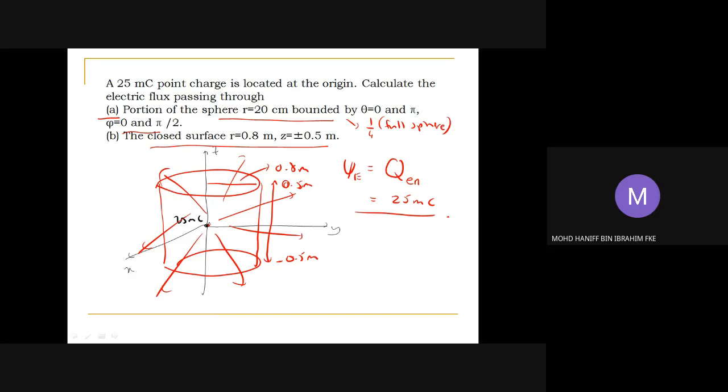So you have 1/4 of it, right? That is why the flux passing through the surface is 1/4, because we assume that the flux of the 25 millicoulomb point charge is distributed uniformly throughout the spherical surface. And since we have 1/4 of it, the flux will be divided by 4. Is that understood then?